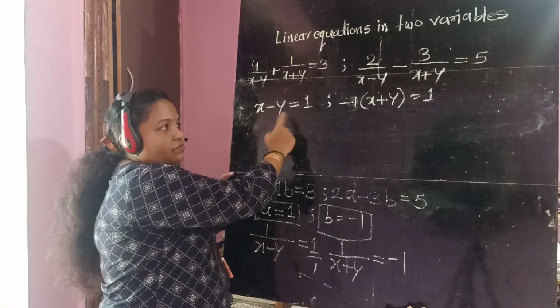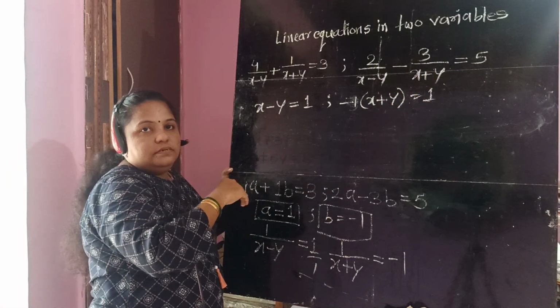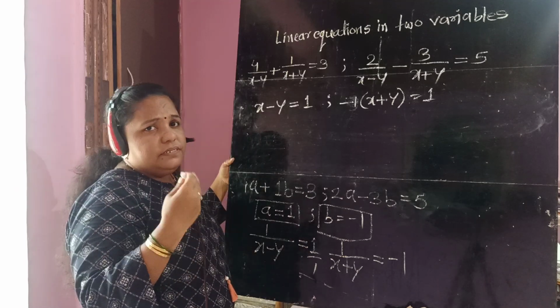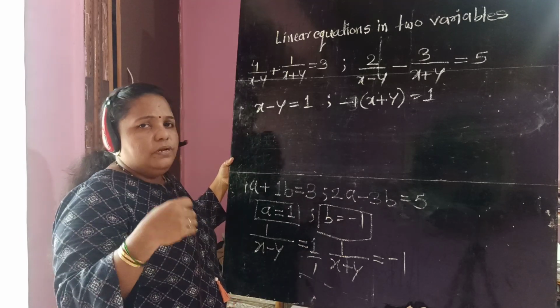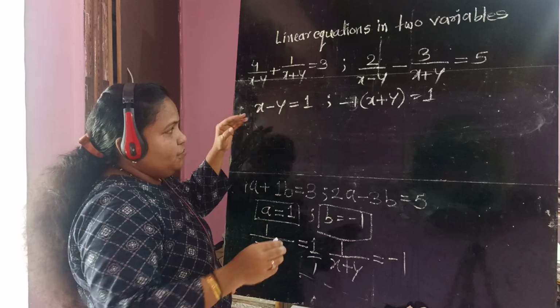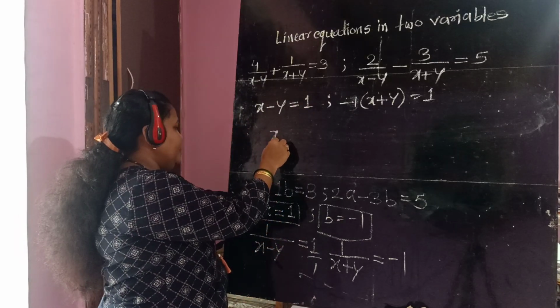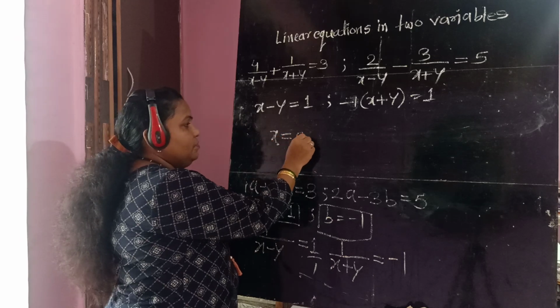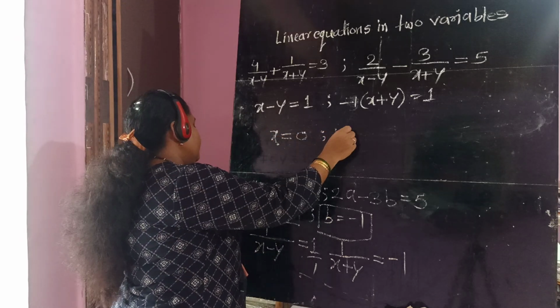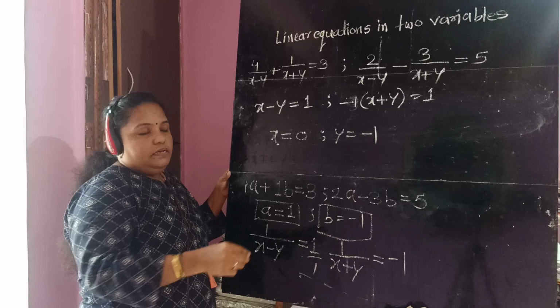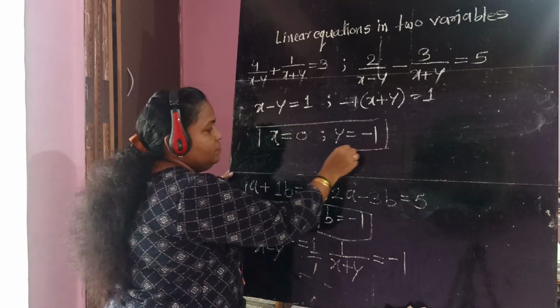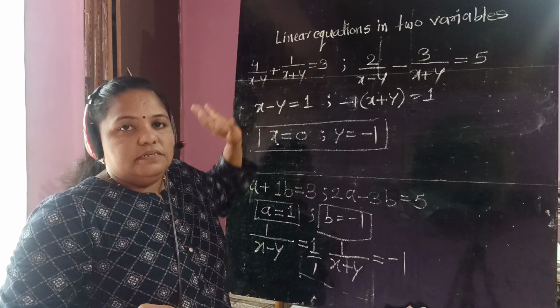Now again we have to solve these two equations. Again it can be by the elimination method, the substitution method, or Cramer's rule. By any method we can solve these two equations, and you get x is equal to 0 and y is equal to minus 1. So these are the solutions of this linear equation.